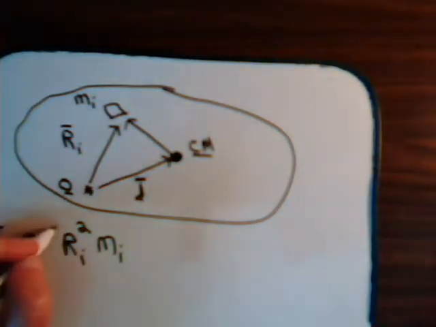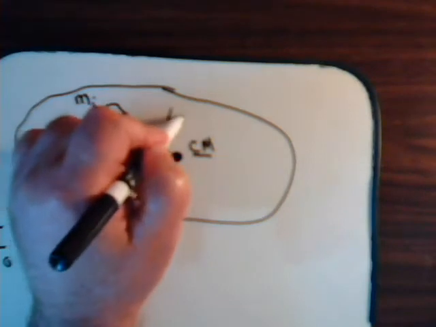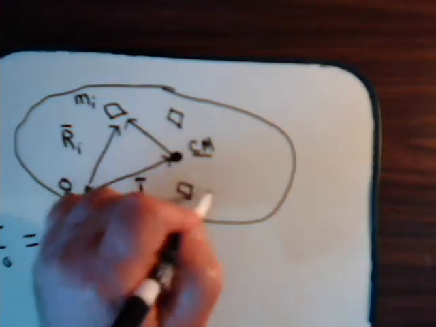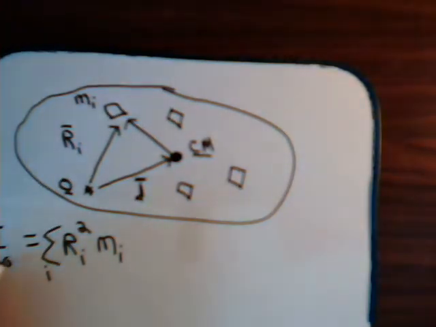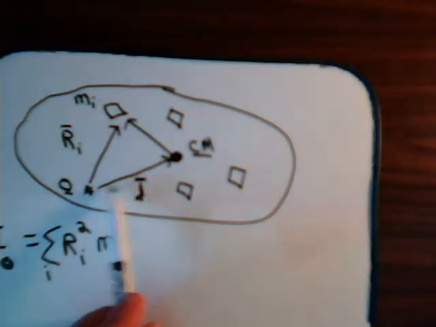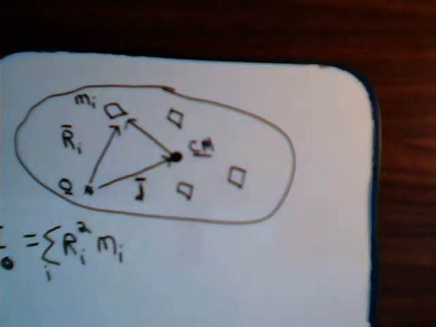And we have to add all of these up for all of the discrete particles that we imagine to comprise the entire object. Now, that's the moment of inertia with respect to point O. When we say with respect to point O, what that means then is that all of the position vectors for all of the discrete objects originate here at point O.